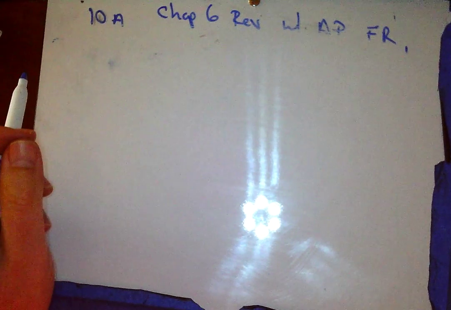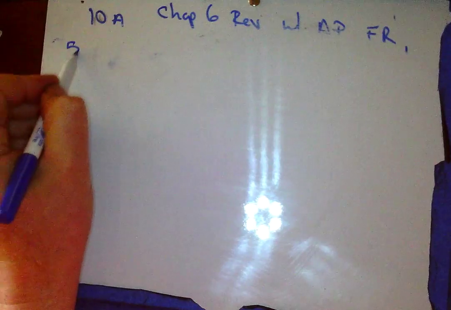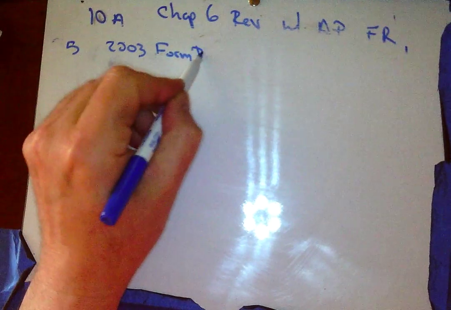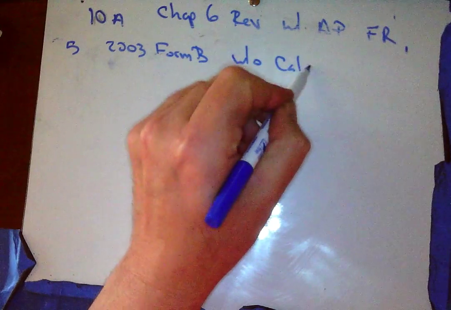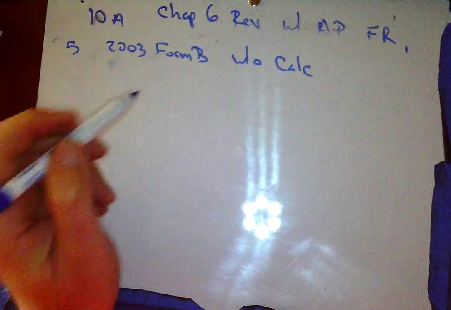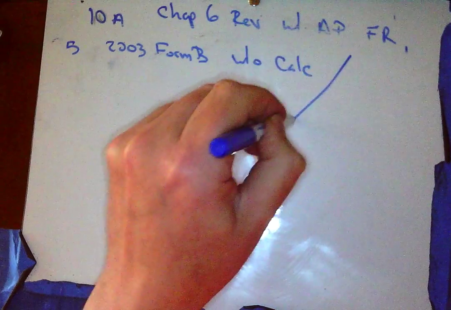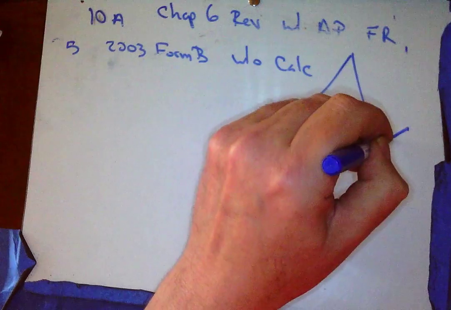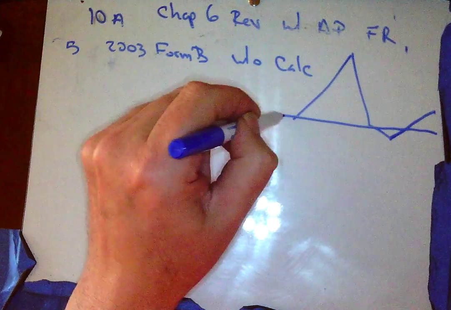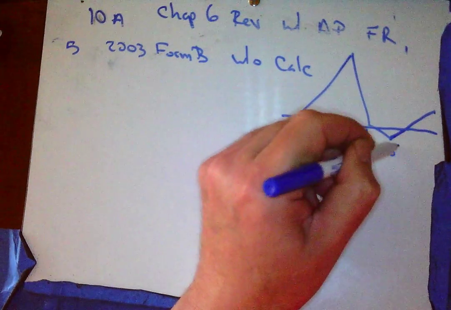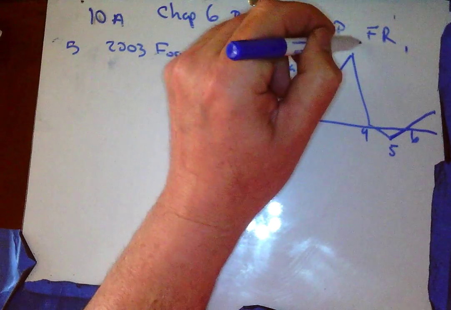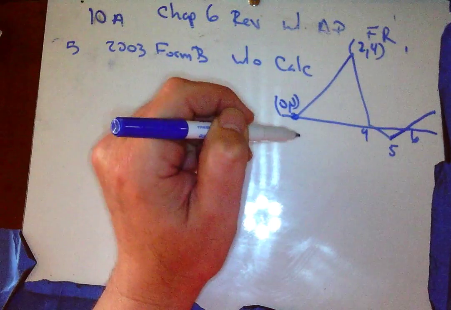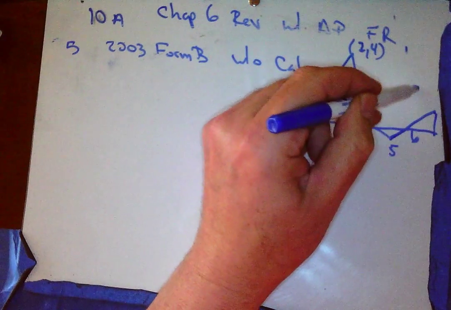On the back, we've got problem 5. This is 2003 Form B, without calculator again. We're given a graph here. Our graph is something like this, where this is 4, 5, 6, this is the point (2, 4), and this is (0, 0), and this is (7, 1).